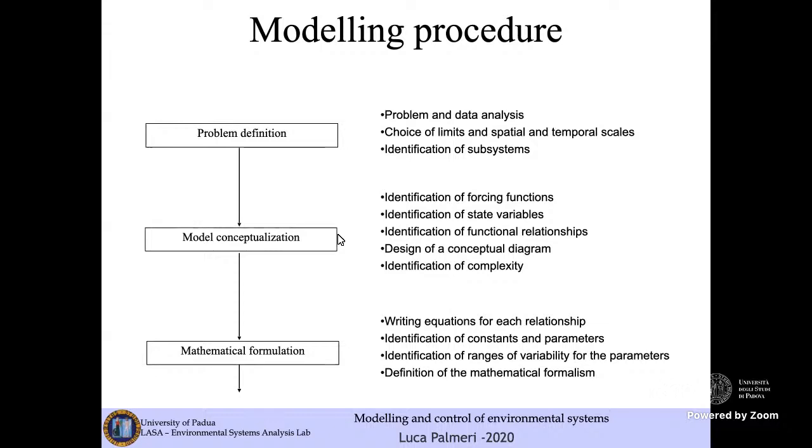So this is a rate, for example, number of cells per unit time, or concentration of chlorophyll per unit time. Then, when you have identified constants and parameters, you are ready to start dealing with ranges of variability of the parameters.